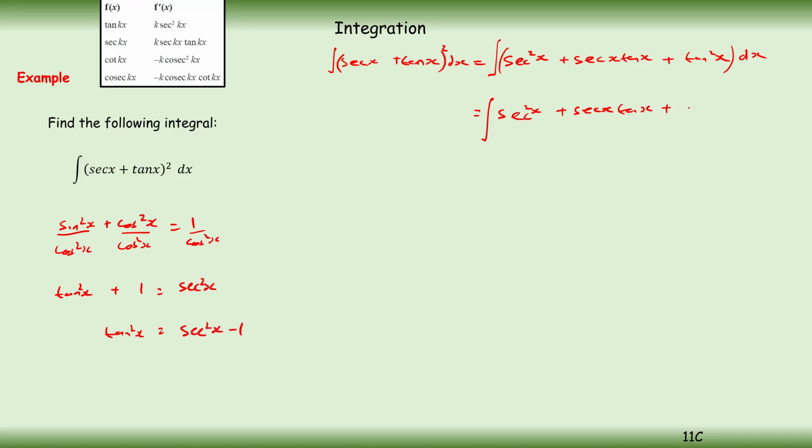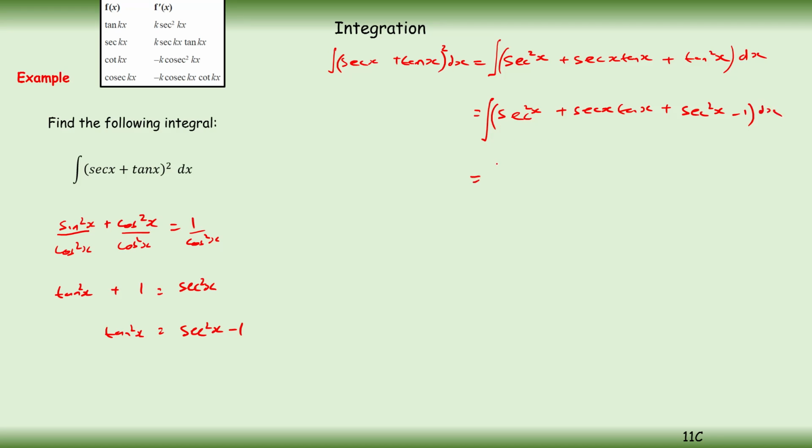We can sub that in here for tan squared x, so that's going to be sec squared x. Oops, sorry, minus 1, I tell a lie, minus 1, with respect to x.